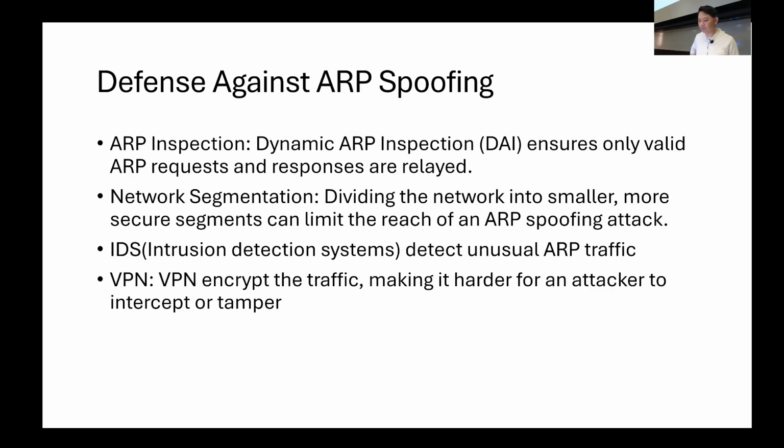How can we defend against this ARP spoofing attack? The first one is ARP inspection, like dynamic ARP inspection, where only genuine ARP responses are relayed. In this case, you have the original, genuine mapping table: A is 1, B is 2, like this.